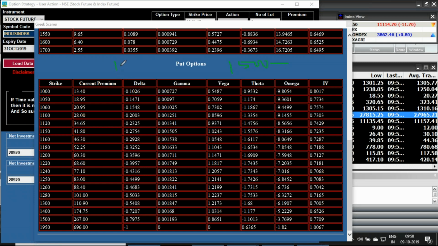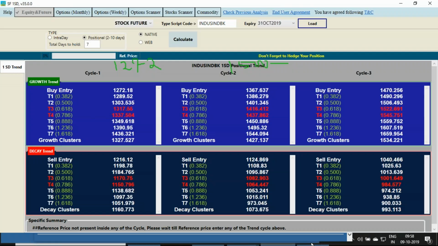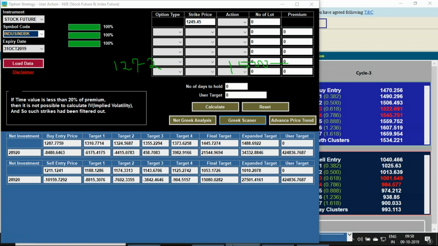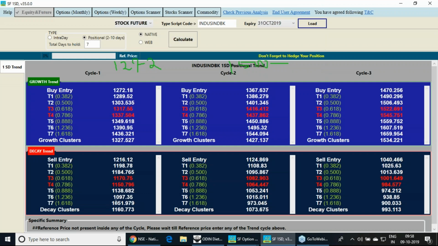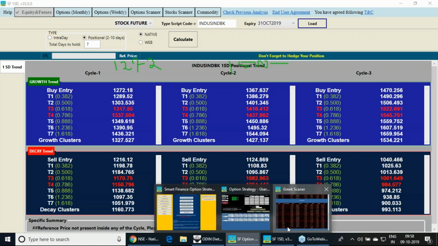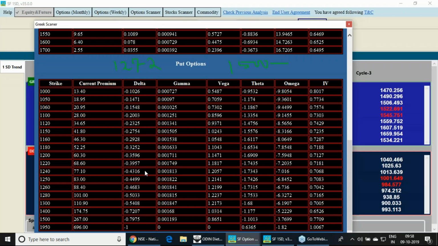At the 1270 level, we are expecting that 1272 can set off an uptrend. In the downtrend, if the breakout happens, then it can go till the 1051 level.